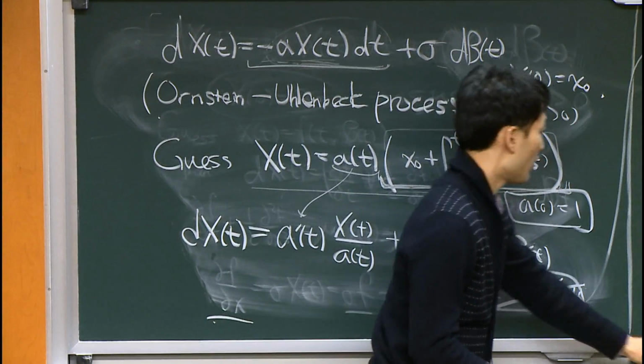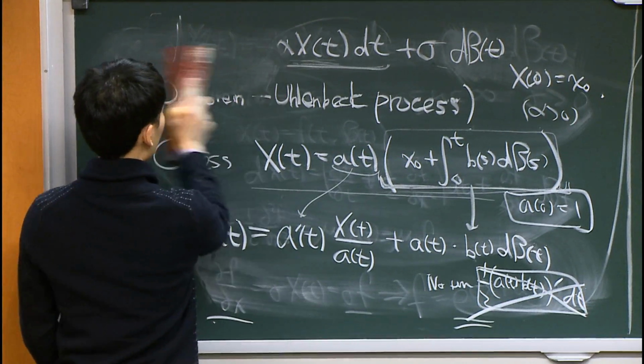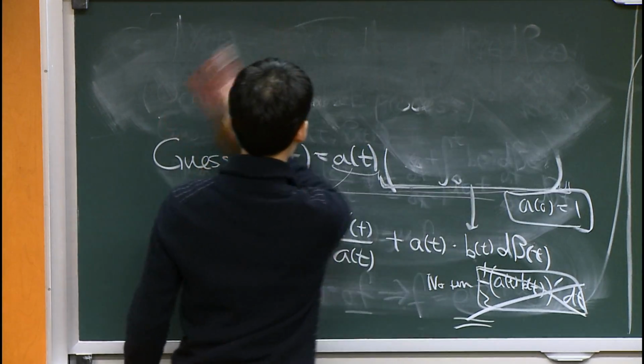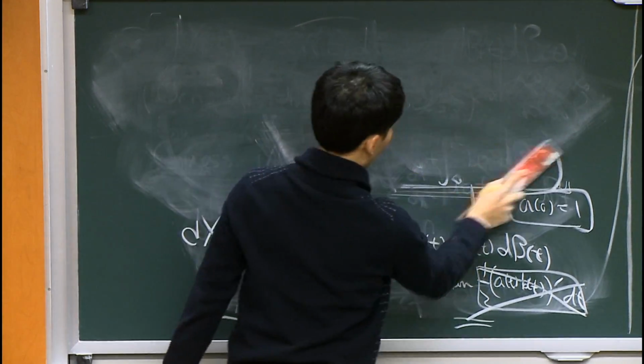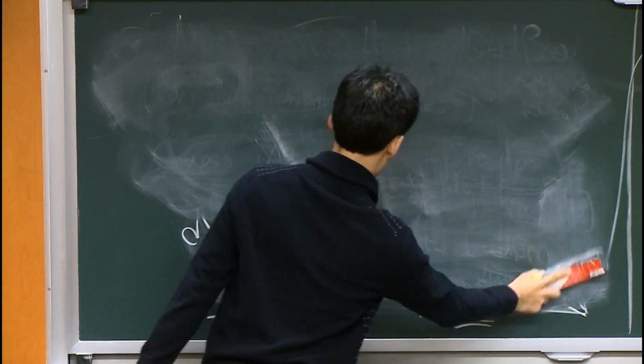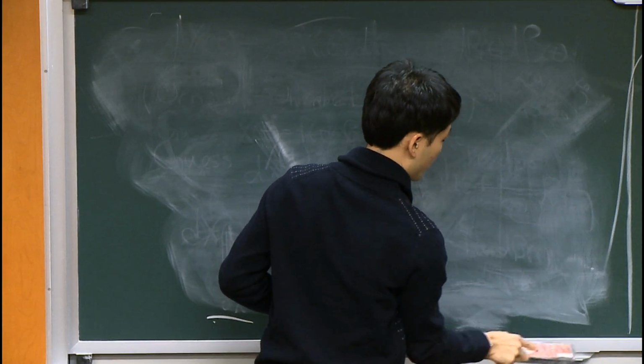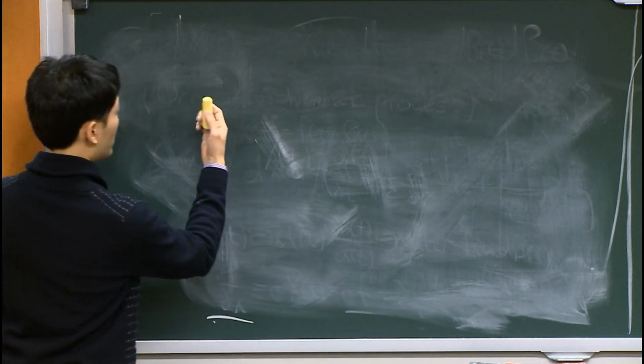And so now I will describe what you will do if you're given a stochastic differential equation and you have a computer in front of you. What if such method fails?